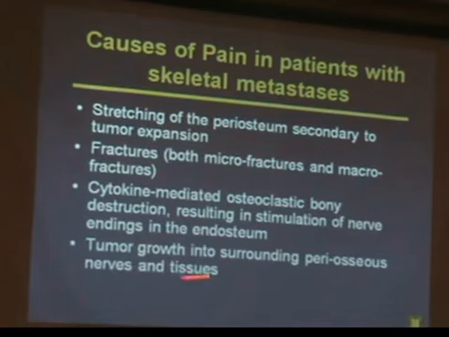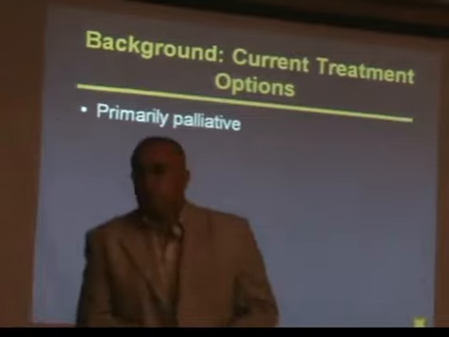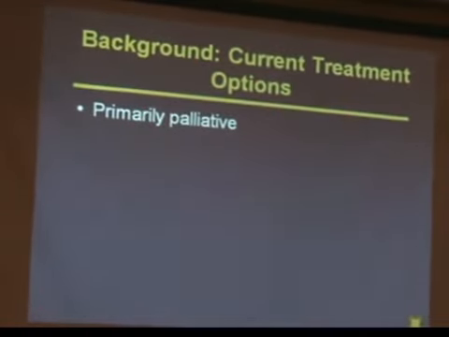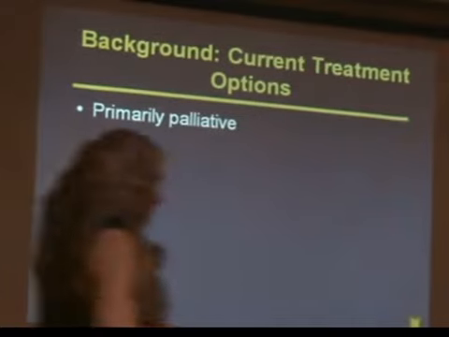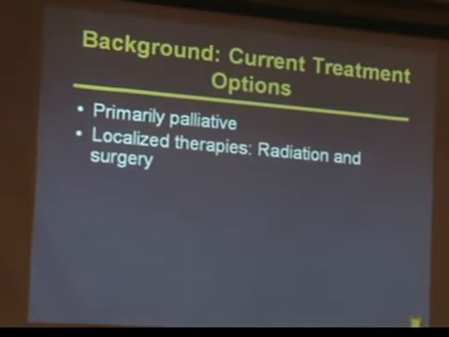Also, the tumor infiltration into the periosseous nerves and tissue could be implicated for pain in these patients. And another thing we have to understand talking to these patients is these are palliative methods, and they're not going to cure these patients. Buy them more time and improve their pain in the last few months or years of their life.